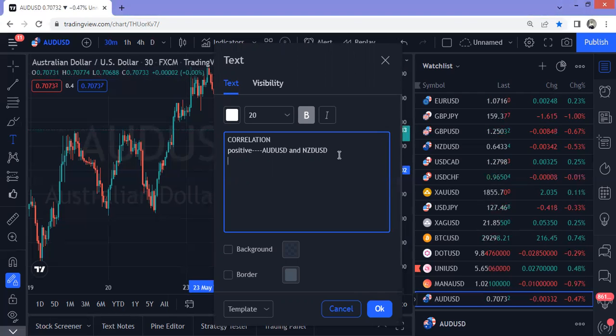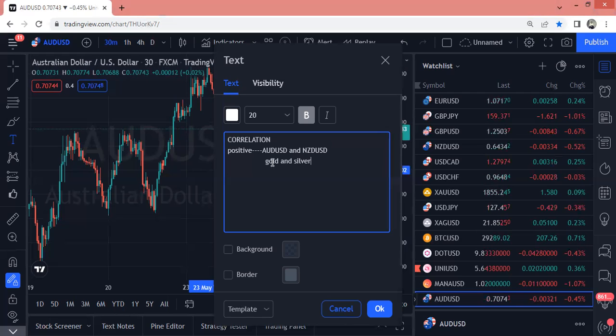And then we have gold and silver. Gold and silver, they flow positively together. With me, if you're getting a buy here, you're getting a buy here.